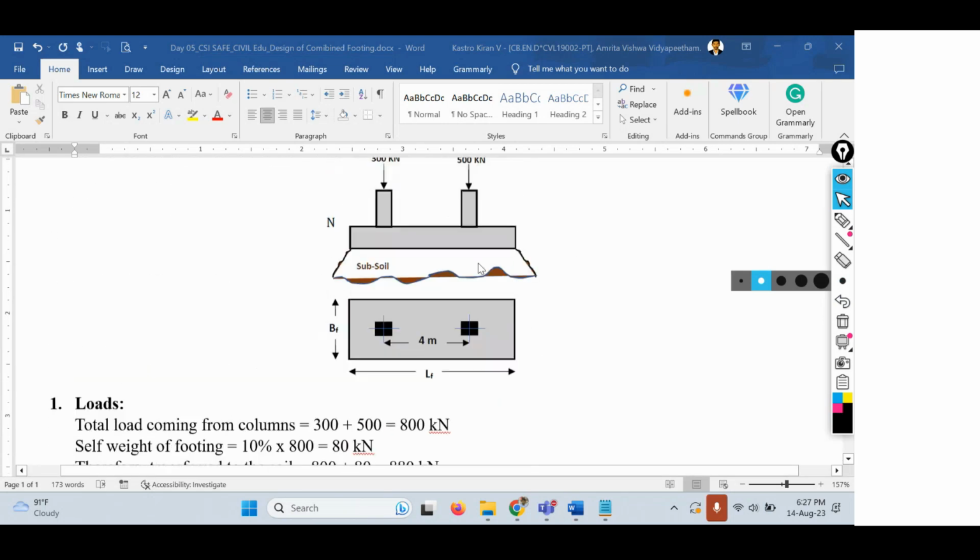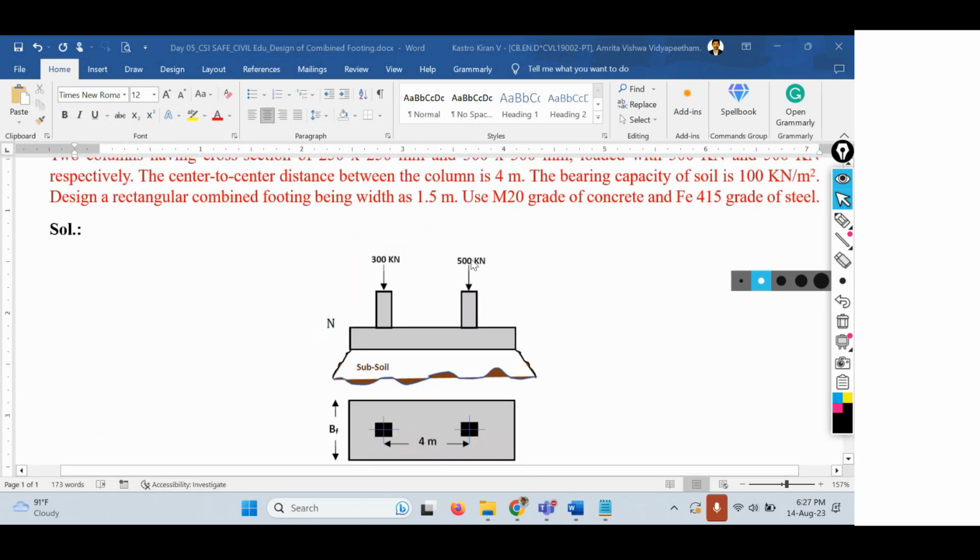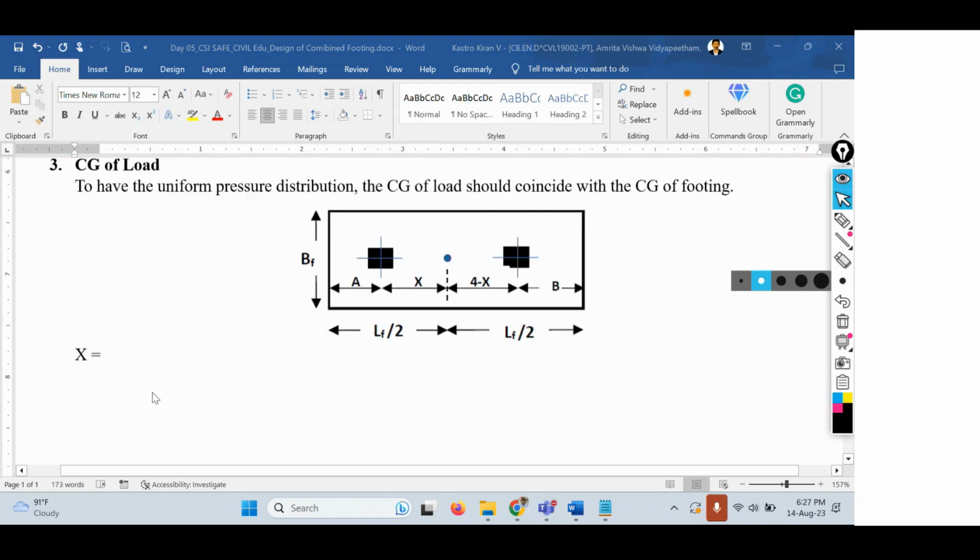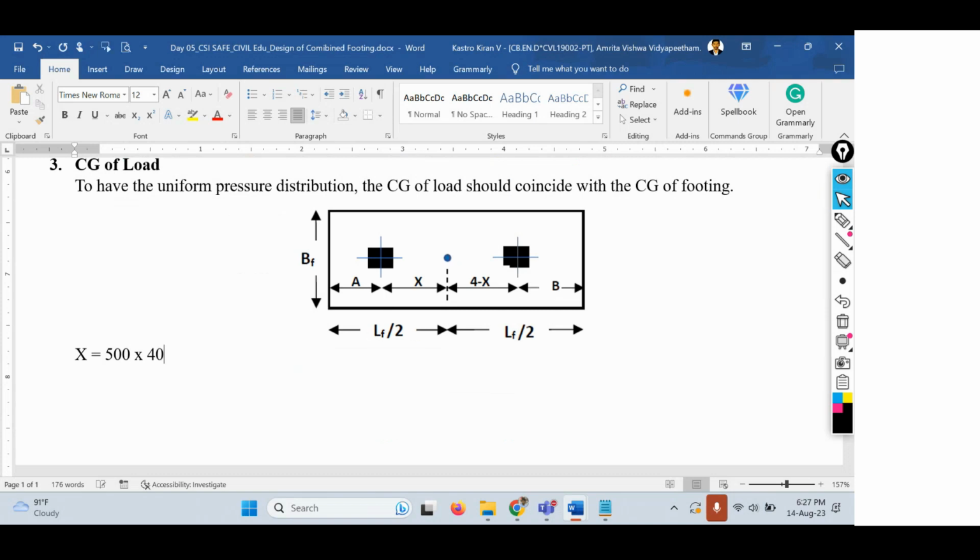So 500 into 4, force into perpendicular distance, divided by the total load. What is the total load? 300 from column 1 and 500 from column 2. If you solve this, you're going to get the distance x, which is 2.5 meters. The value of x is 2.5 meters.